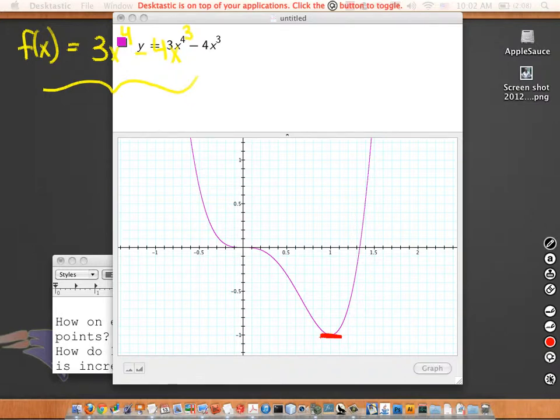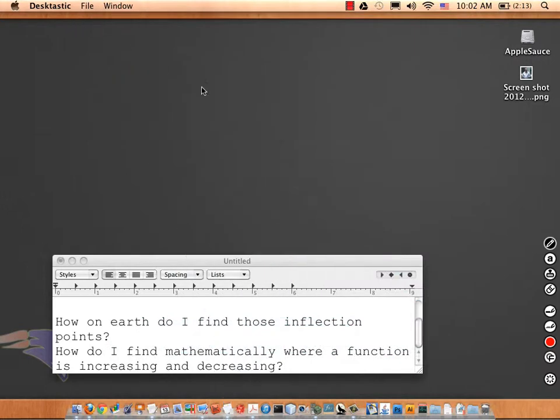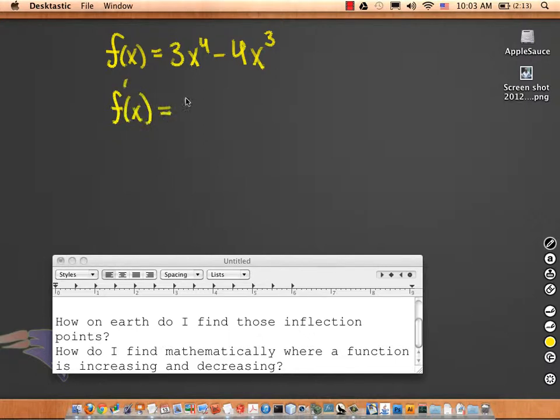Okay? So what we do is I take that function, which I lovely erased, f of x is equal to 3x to the fourth minus 4x cubed, and I take the first derivative, 12x cubed minus 12x squared, and I set this equal to 0.